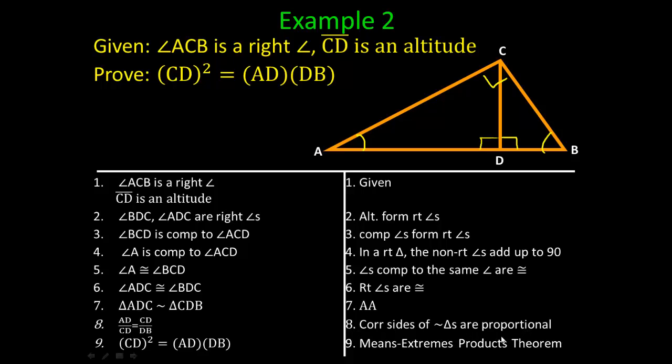So again, we need to keep this in mind, because if you notice, CD times CD is CD squared. And AD times DB, it's like cross multiplying. If I take what's diagonally from each other and put them together, we can say that they're equal. So that's basically what this unit boils down to.